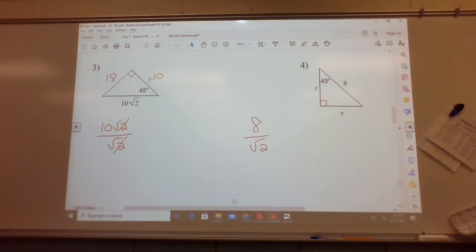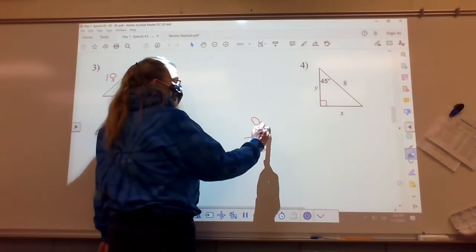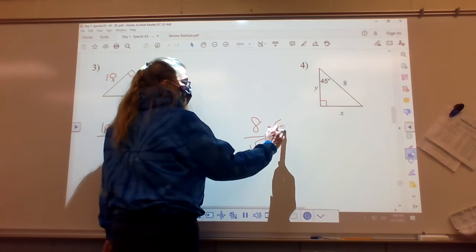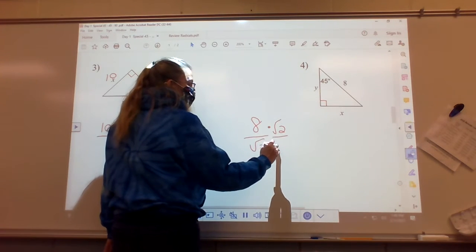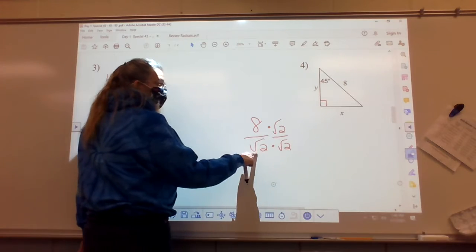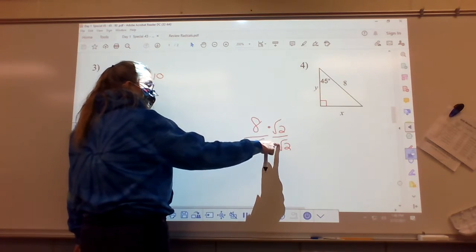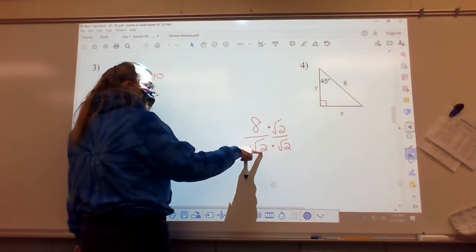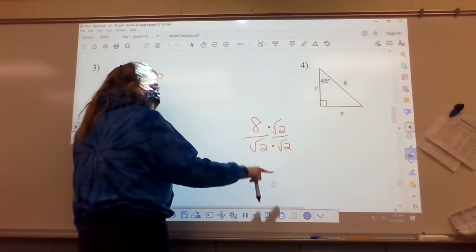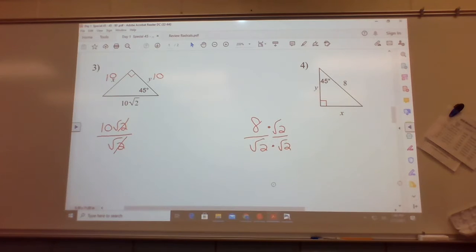So what I have to do is multiply the top and the bottom by radical 2. Whatever this is, if I multiply the top and the bottom by that exact same radical, it's going to actually make the bottom radical disappear. And that's known as rationalizing the denominator. Like I said, that's what makes this one a little bit trickier than the rest.